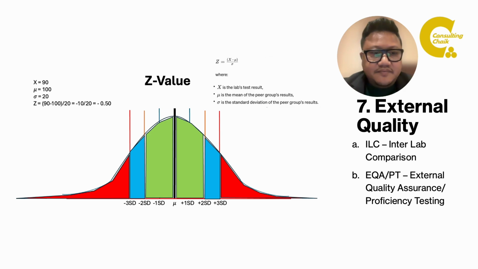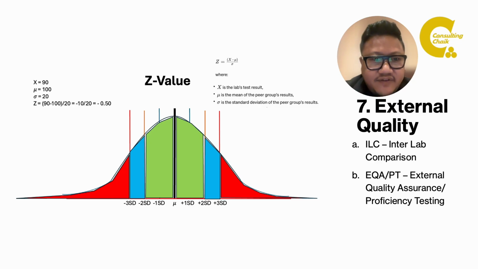This bell curve will have its lines. Similarly, you have a mean, then you have 1 SD, 2 SD, 3 SD, minus on the left side and plus on the right side. Somewhere in the bell curve your lab's data will lie, and here you calculate the Z value.